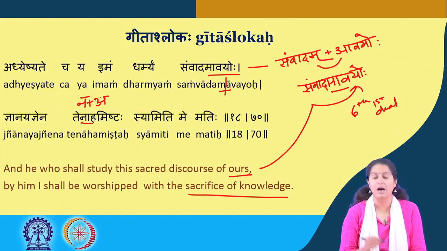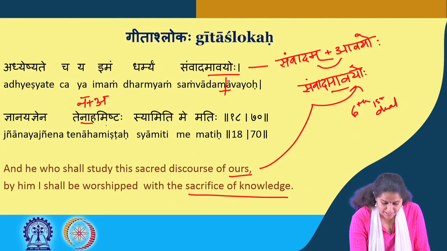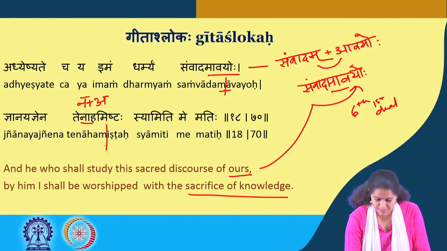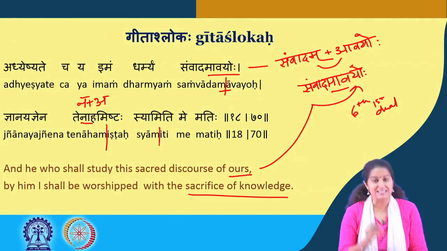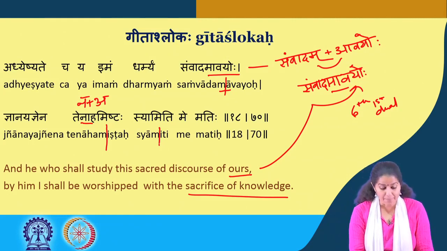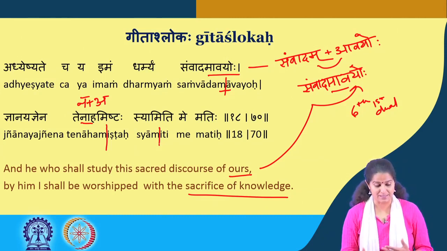Becomes te naham, and then ishtaha syam. So, there is another sandhi there. Te naham ishtaha syam iti. Syam iti me matihi. So, by him I shall be worshipped with the sacrifice of knowledge. That is what Krishna says here.